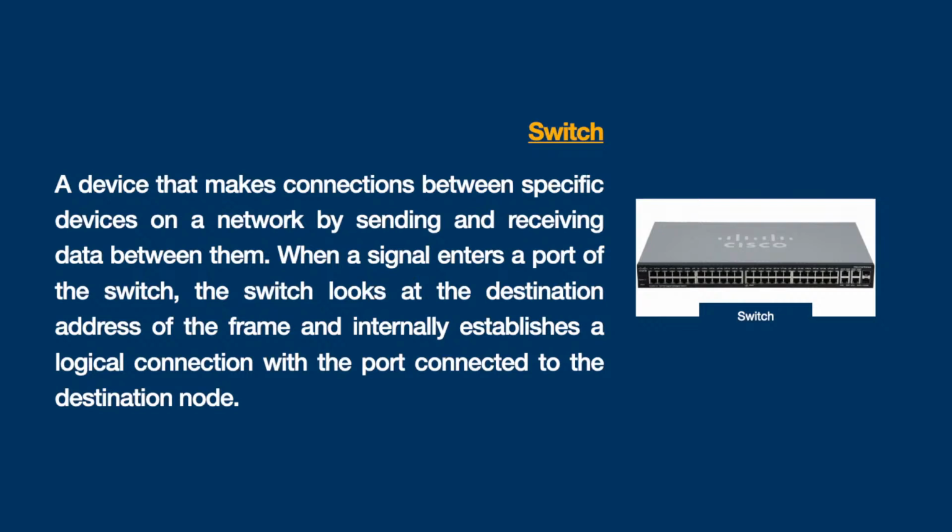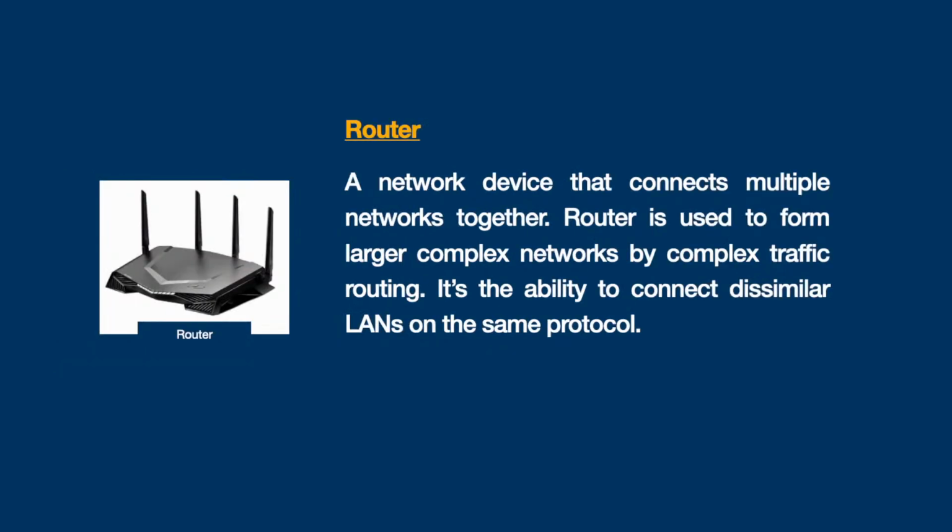Okay, good. Now the other network interface device, we have what? We have the router. The router is a network device that connects multiple networks together. And don't forget, I defined internet initially when we started: all internets are networks, but not all networks are internet.